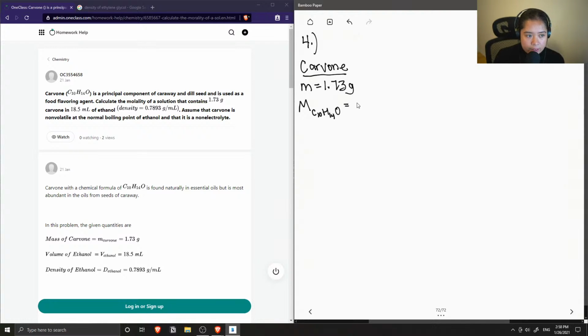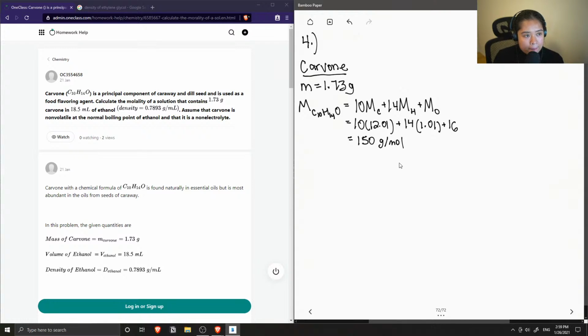And to find its molar mass, it's just going to be 10 times the molar mass of carbon plus 14 times the molar mass of hydrogen plus the molar mass of oxygen. So these values are just found on your periodic table. Carbon's molar mass is 12.01. Hydrogen's molar mass is 1.01 and oxygen's is around 16. So we get a final molar mass of 150 grams per mole.